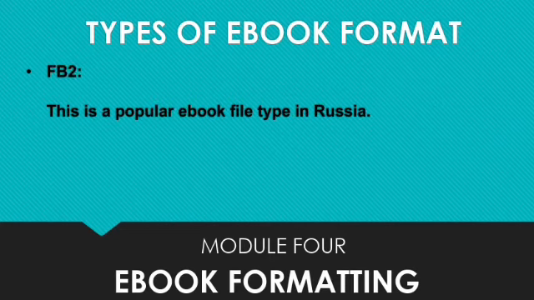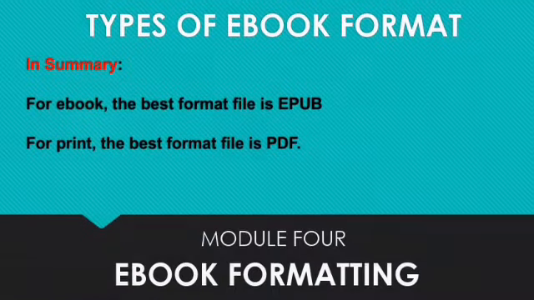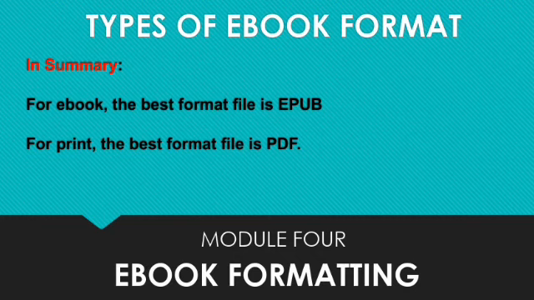Then we have the FB2, which is the last for this discussion. This is a popular ebook format commonly used in Russia. In Russia, they know this particular ebook file type very well. So these are all the various types of ebook format that we have. Now, in summary, for ebook, the best file format is EPUB.